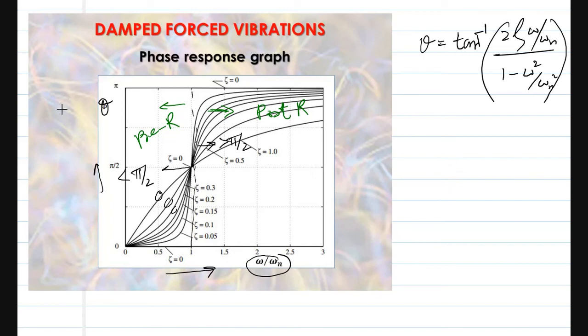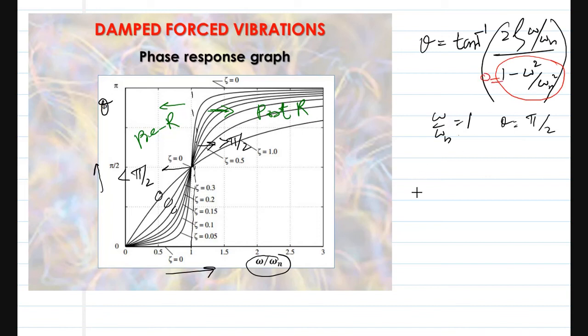Now let's justify with the formula: if omega over omega n equals 1, in the graph you can see the angle is exactly equal to pi by 2. And just see here, the denominator actually goes to 0.